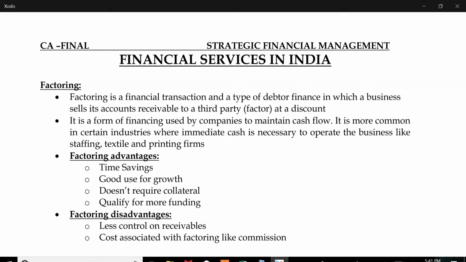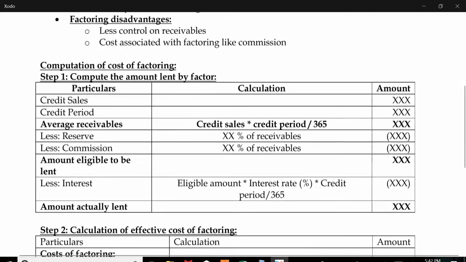But a factor will help us in saving bad debt. I can save credit collection cost. Credit collection cost is, I need a team to manage the receivables. Somebody has to keep calling the customer and collect the money. Instead of doing all of this, I give it to one person and he takes care of all of this.